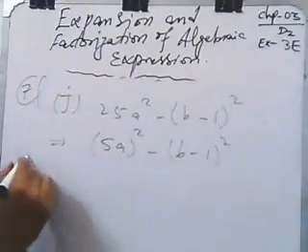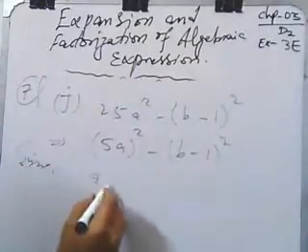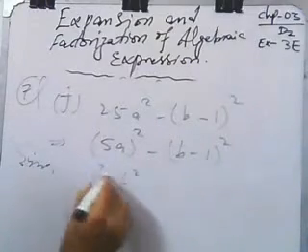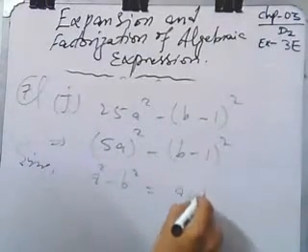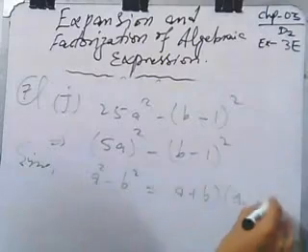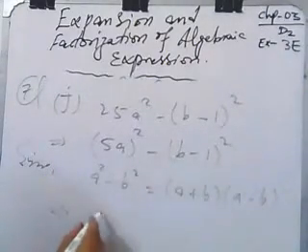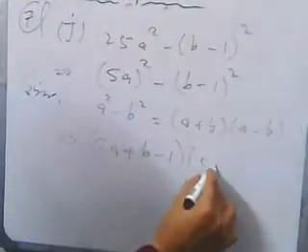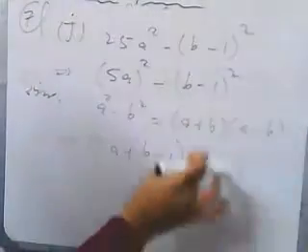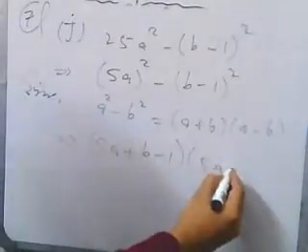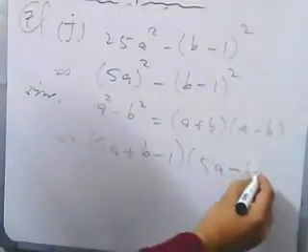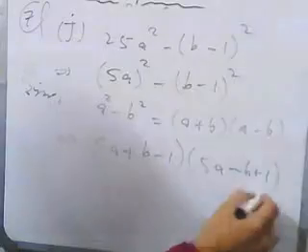Once again write the difference of two squares formula to show that you are well familiar with this formula, and solve it. Now you see this implies that one time positive and one time negative. When you take negative, the sign should be changed, minus b, it becomes positive 1. So here is the result.